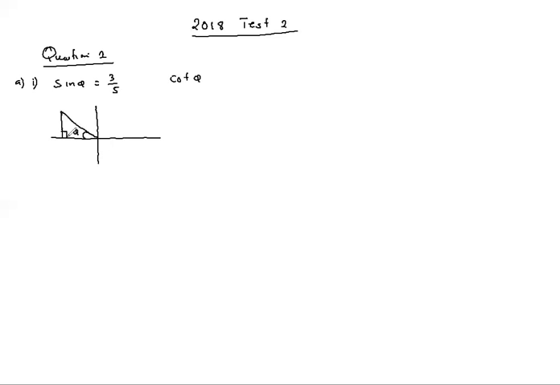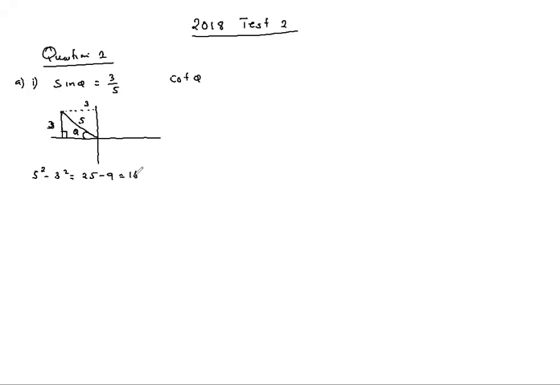Now sine is opposite over hypotenuse. So the opposite is 3 and the hypotenuse is 5. How do you find the side that is down? We say 5 squared minus 3 squared, which is 25 minus 9, which is 16.